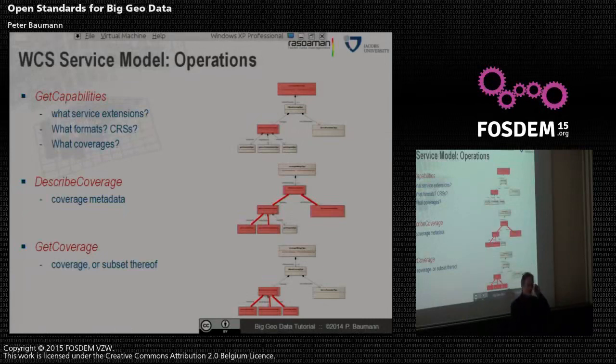For the describe coverage request, we would drill down into a particular coverage and get the metadata. So you get the coverage part, but without the pixels, and you get the service metadata. And finally, get coverage, the workhorse, is the one where you get the coverage or a subset of it. That means now we drill down and get exactly this one. So with that conceptual model, we can very clearly say what we want, what the service means, and we get a clear semantics definition.